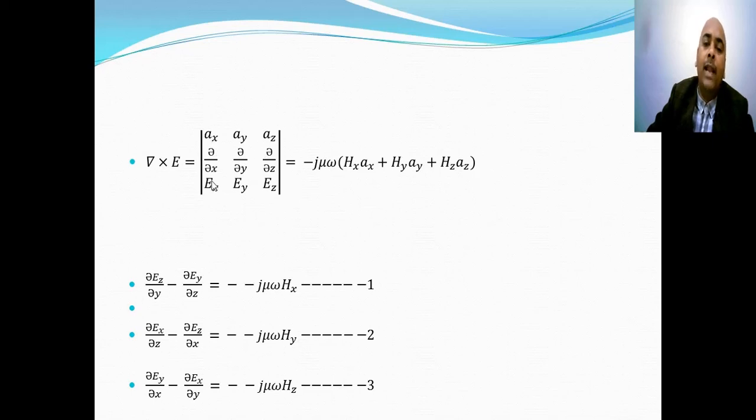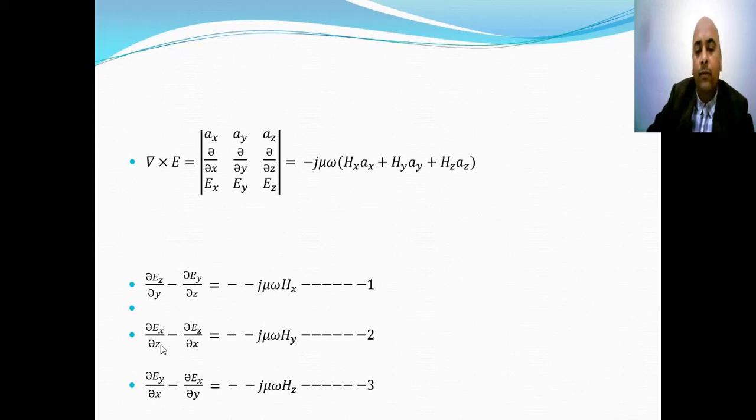So when the determinant is expanded, then equating the ax unit vector with ax, ay with ay and az with az, we will obtain three equations, which are del Ez upon del y minus del Ey upon del z is equal to minus j omega mu into Hx.